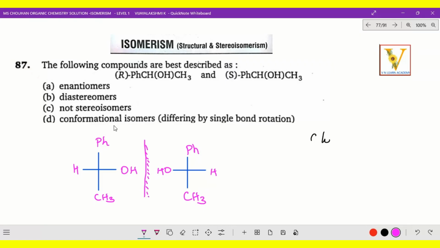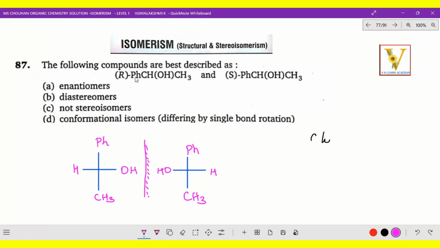Here, enantiomers: they have given the R and S clue. RS means 100% it is a non-superimposable mirror image, optically active, so the plane of symmetry and center of symmetry will be absent. So 100% it will be enantiomer only.